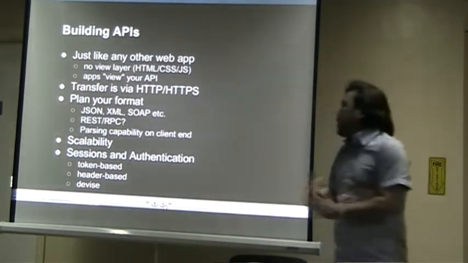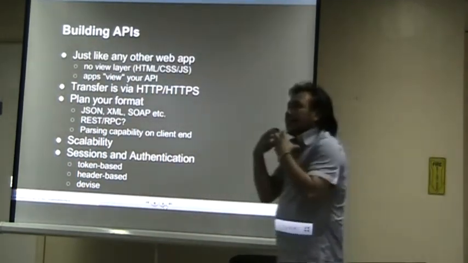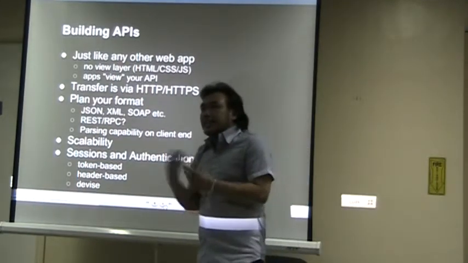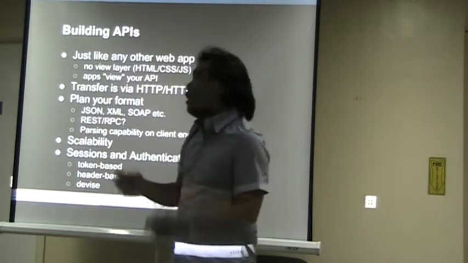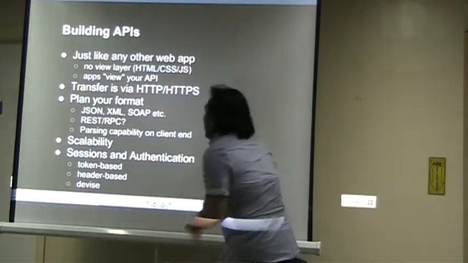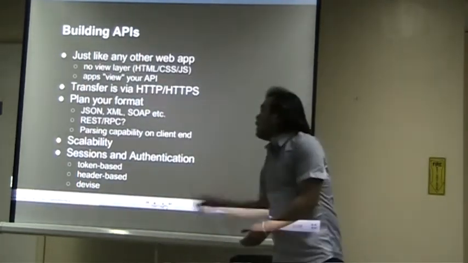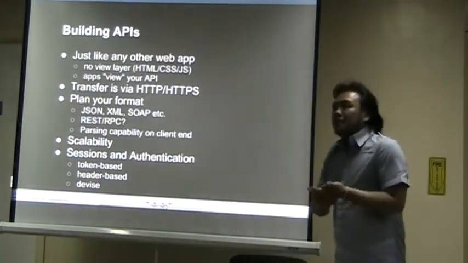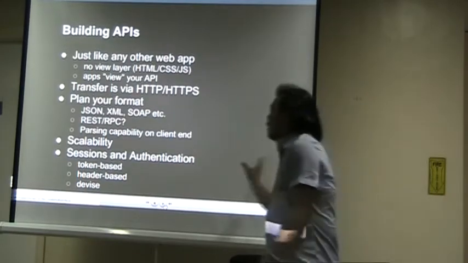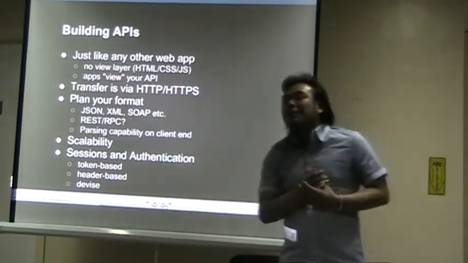Things like sessions and authentication: again, just remember that your audience is another program, a non-human. So you would need to think about smart ways to handle sessions and authentication. Luckily, we have Devise for Ruby, so a lot of those are already easily handled for us.